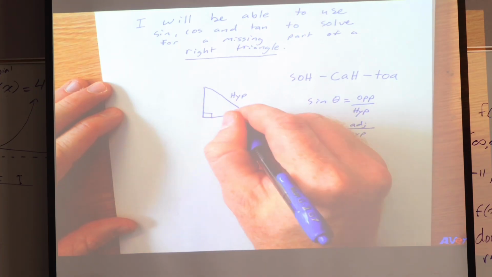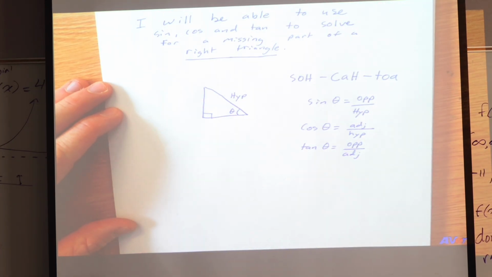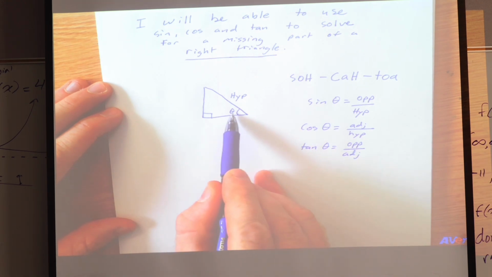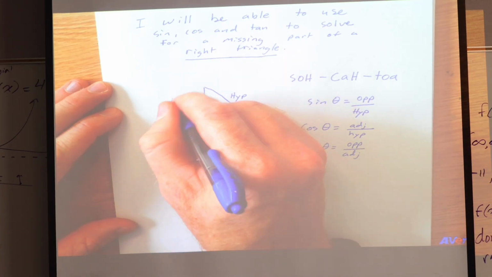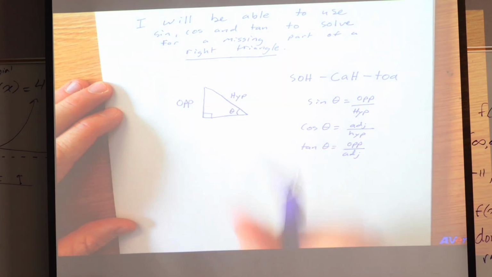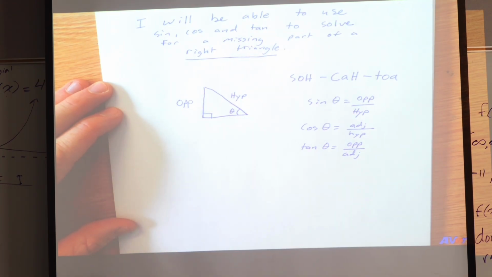So if I say this is my theta, this is my reference angle, the way that I explain it is kind of like this. If this was a cannonball shooting out of that angle, it's going to hit the side that is opposite, and you know that because the O and the theta kind of correspond. Boom, there it is.